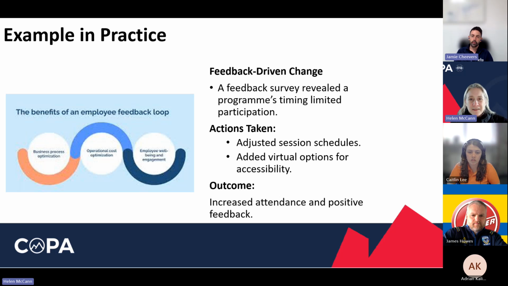A good example is we do a spin class at 5:30, and quite a few people can't get to that because they're still stuck in traffic. So we've moved it to 5:45, which gives them a little more time, because a lot of people come straight from work, get into the class, and then go home. So that's a good example.